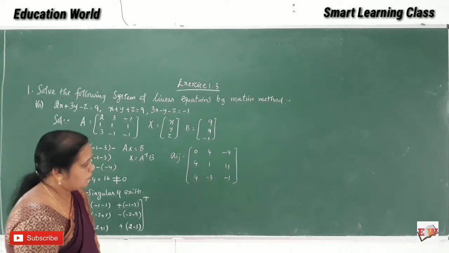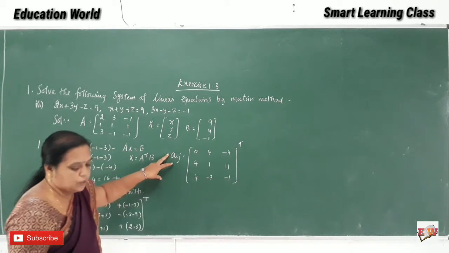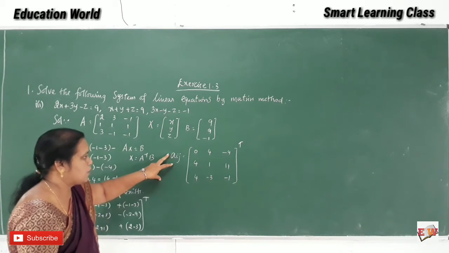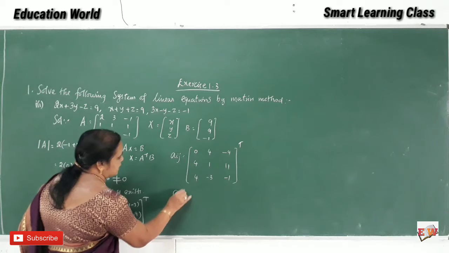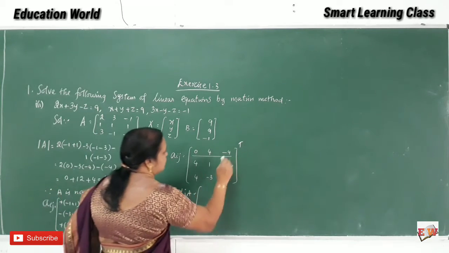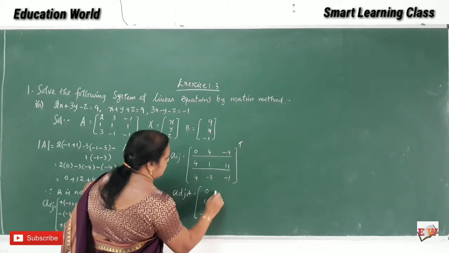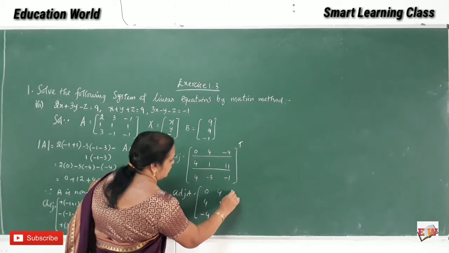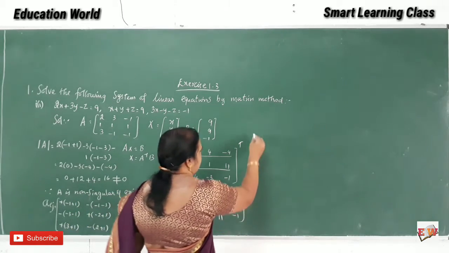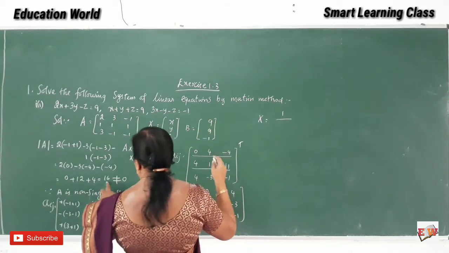We got the value of Aij: 0, 4, minus 4, 4, 1, 11, 4, minus 3, minus 1. Now I am going to write adj A. To write adj A, we have to transpose this row into column, then this row, then the third row.